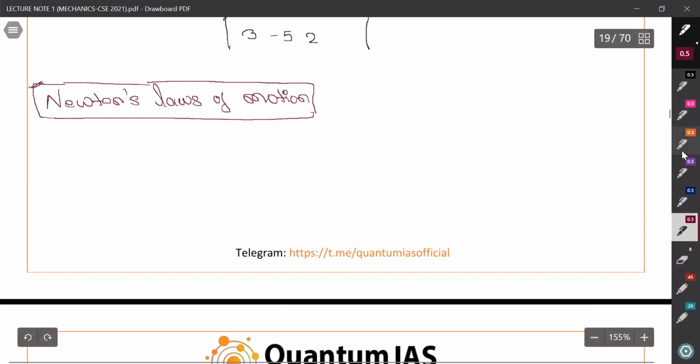So you know that Newton has written in his Principia, the book where he wrote 3 laws of mechanics in 1687. It was in Latin, but you can get it on internet also, right?